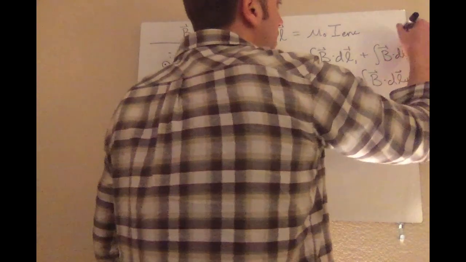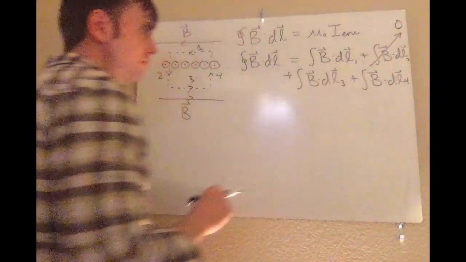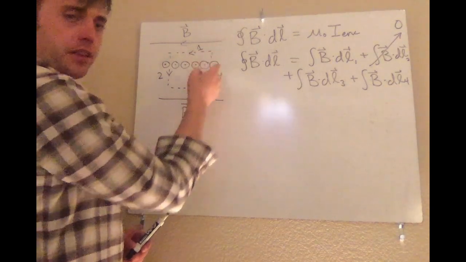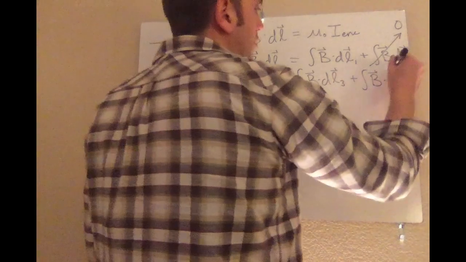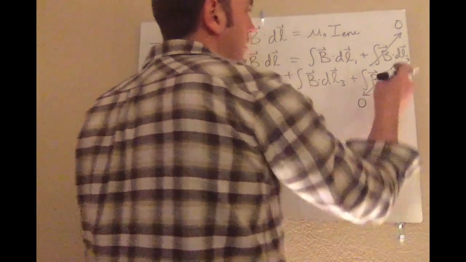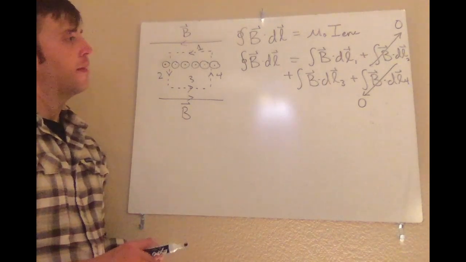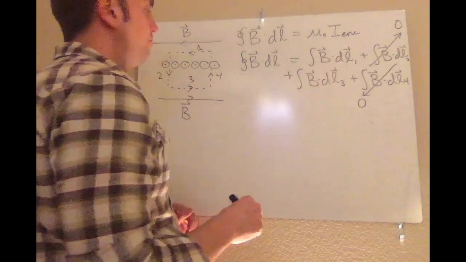That means the B dot dl, that dot product, is going to 0. In a similar way, path number 4 is going straight up like this. It's also perpendicular to our B field, so that should be 0. When you take the dot product of perpendicular vectors, you're always going to get 0. Okay, now let's work out the remainder.